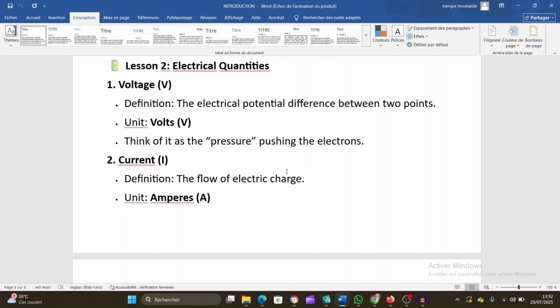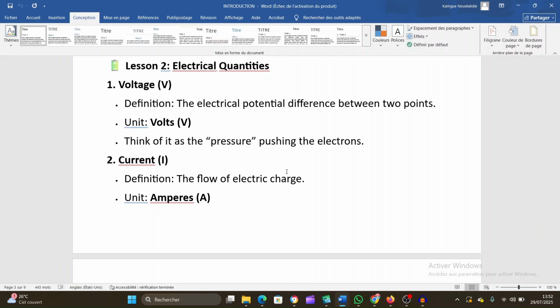So the voltage, we think of it as the pressure pushing the electrons. And the unit of the voltage is V, capital letter V.